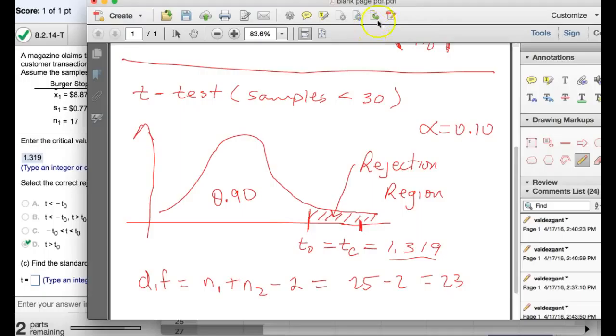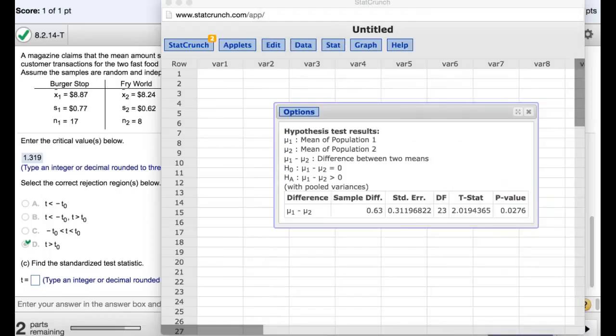So we know that that's going to be well within our rejection region, okay? So that tells us that we're going to have to end up rejecting our null hypothesis. So we have this information here. So what we need to do is go ahead and record what our standardized test statistic is. And so this would be 2.019.